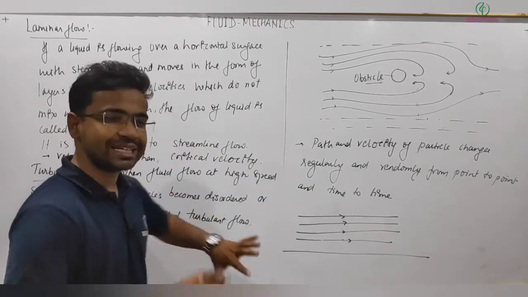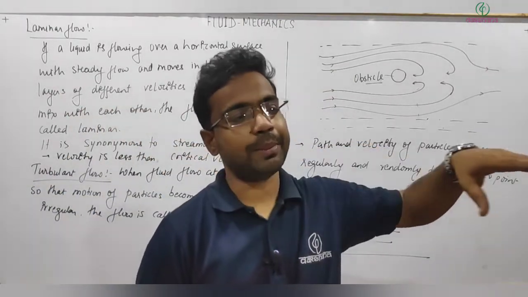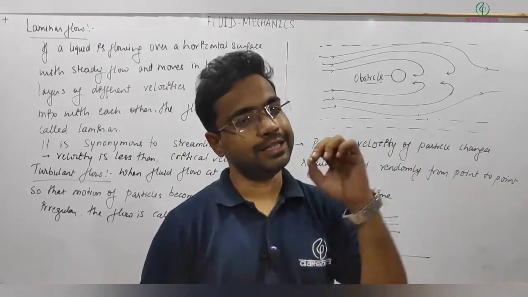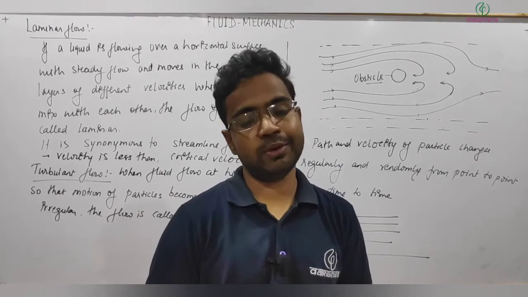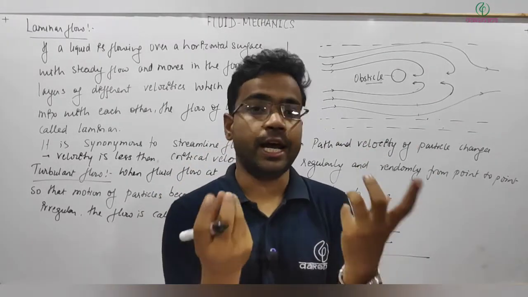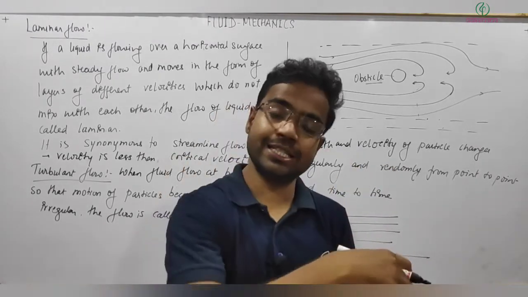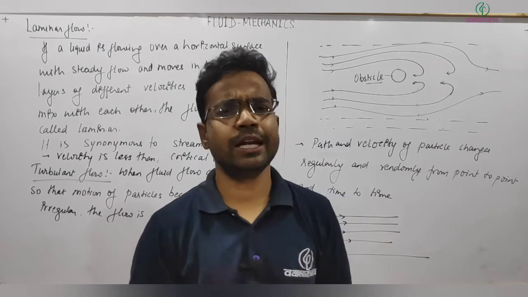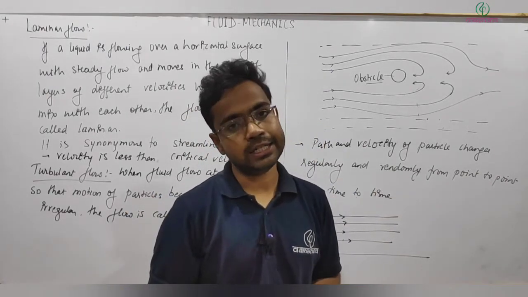If a flow is in proper manner, in proper order, that is laminar or streamline flow. When the speed of fluid flow is quite large, there will be mixing of fluid, no proper velocity, the velocity of particles is changing, direction is changing, the path is changing regularly and randomly, and we call that turbulent flow.